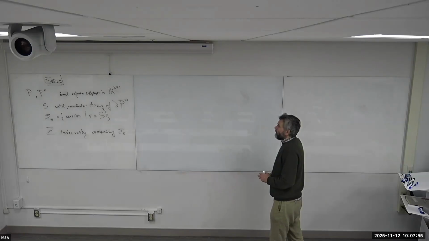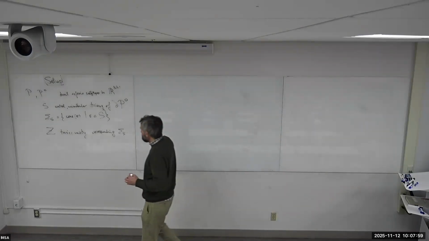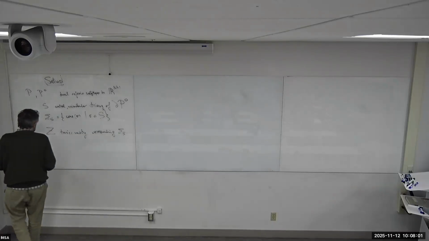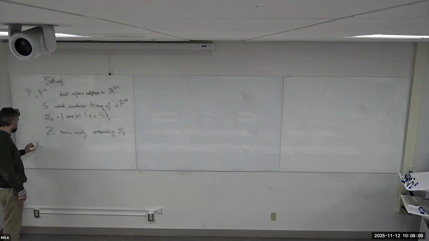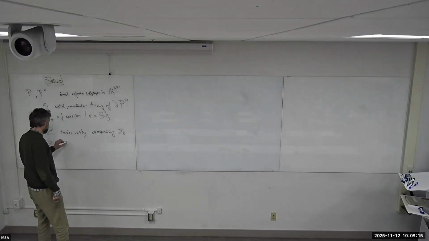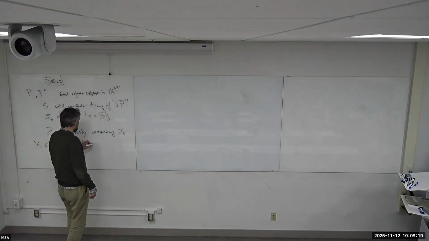Okay, so the Calabi-Yau hypersurface we consider is in Z, in this toric variety, and it's just an anticanonical smooth hypersurface. So X in Z is an anticanonical smooth hypersurface.